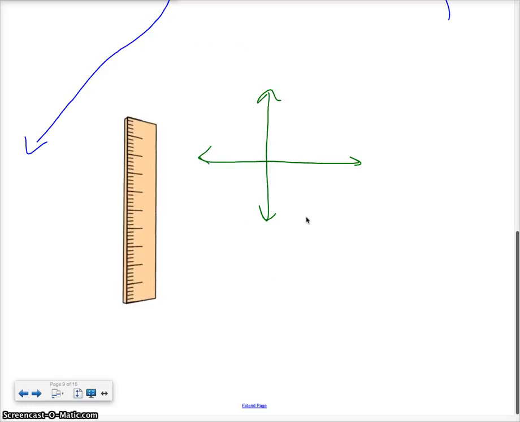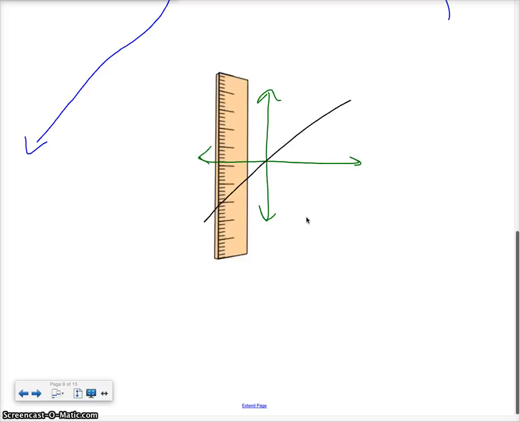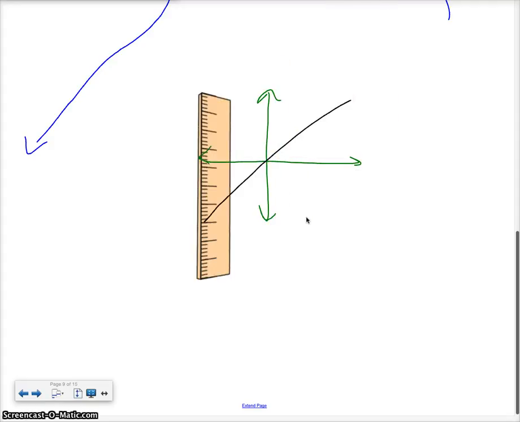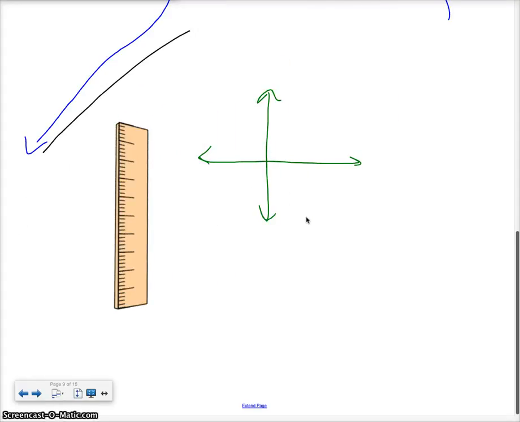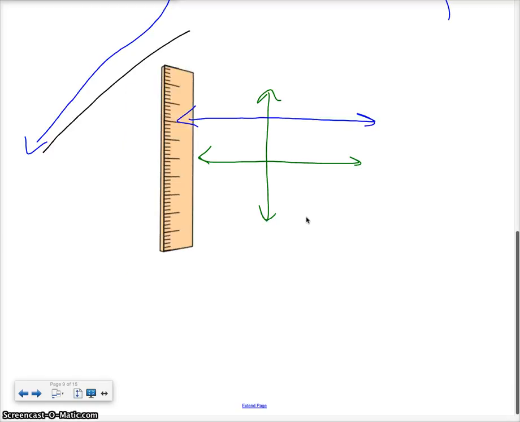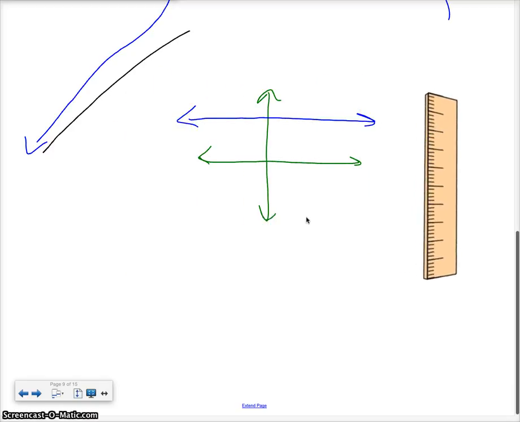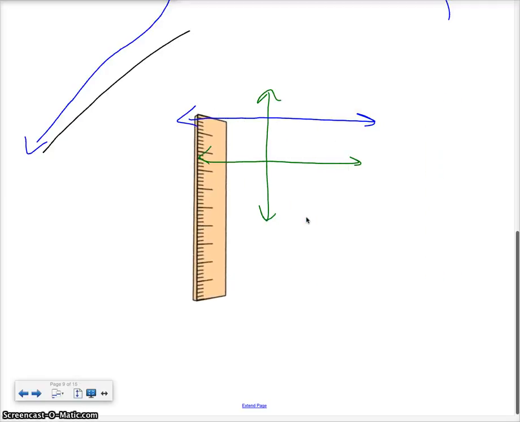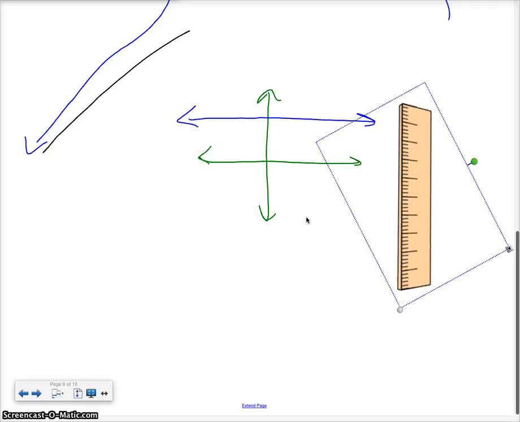What about this one? Function or no function? Function. It only goes through once. What about this one? Function or no function? It only goes through one all the time. Again, I'm looking to see that it only goes to one y all the time.